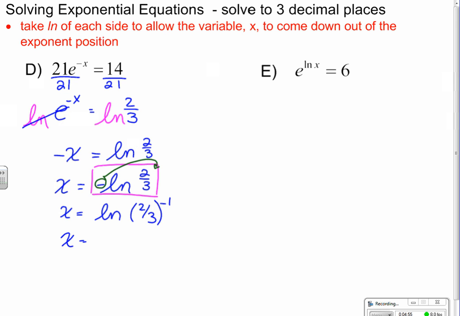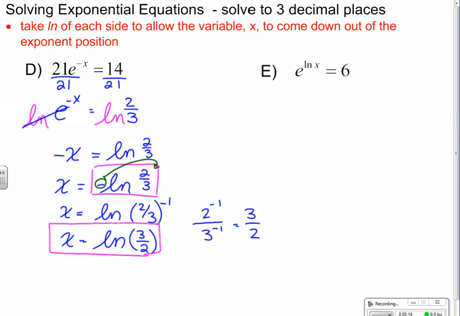But that's equivalent to saying I've got the natural log of 2/3 to the negative 1 power, which will basically turn that fraction upside down. I could think if I have 2 to the first, 3 to the negative 1, and that sends the 3 to the top and the 2 to the bottom, and that's how I ended up with 3 halves. This could be quite possibly another alternate answer provided, you know, in a multiple choice type question.